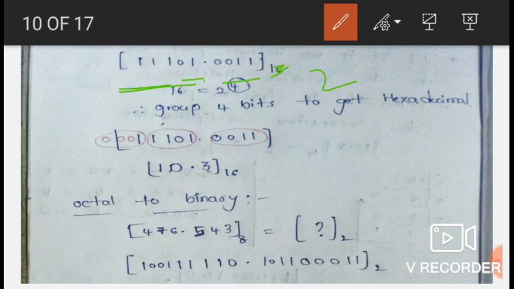That means we have to group 4 bits, so that we can get the hexadecimal number system.